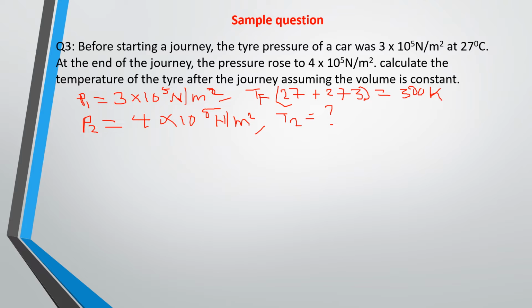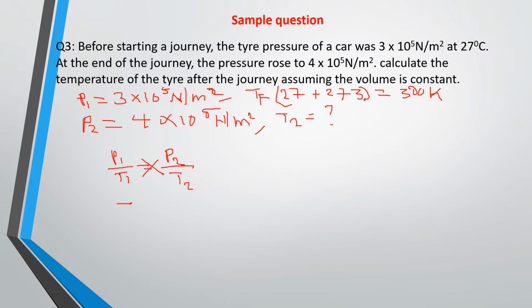We can now bring in our equation that P1 over T1 is equal to P2 over T2. So what we are looking for now is T2, the final temperature.